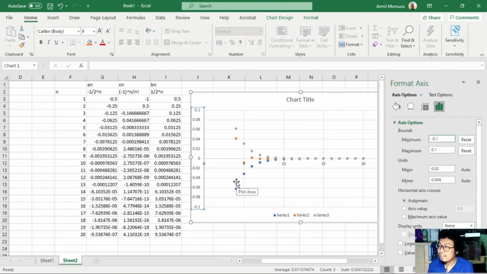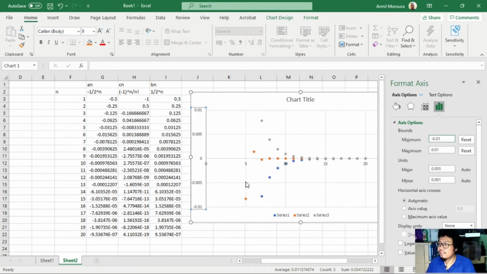Here, this is n equals 4, n equals 5, n equals 6, n equals 7, n equals 8. If you want to see more details, we change the scale again because the numbers are getting smaller and smaller than the maximum and minimum values in your chart. So we can change this so that we can see smaller details.